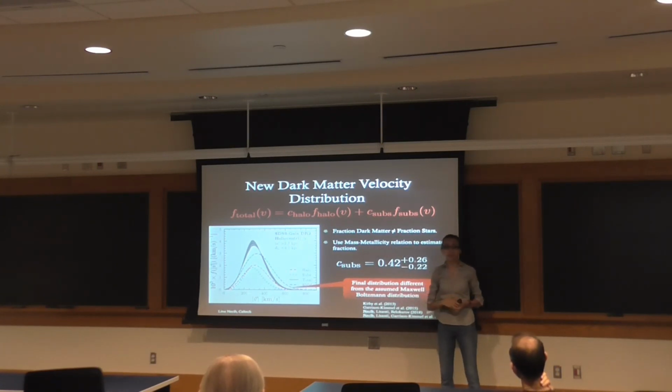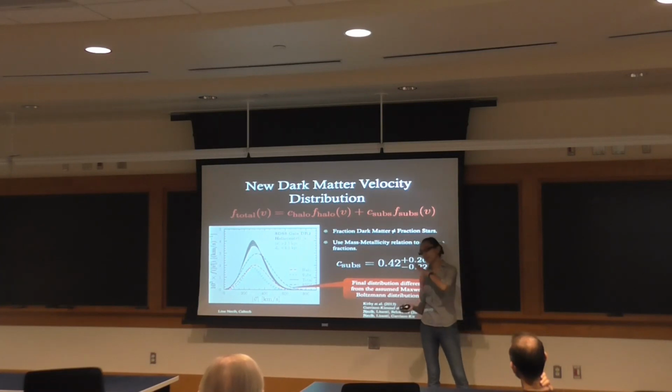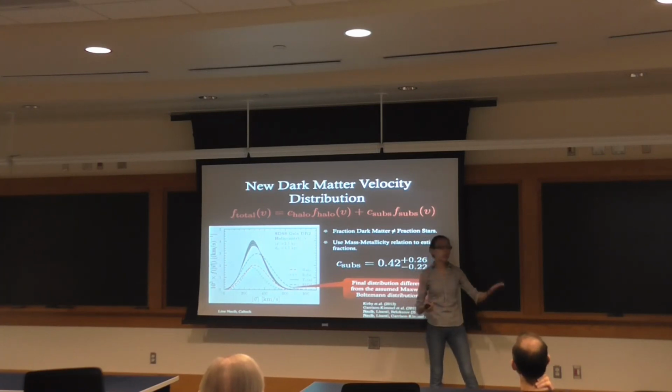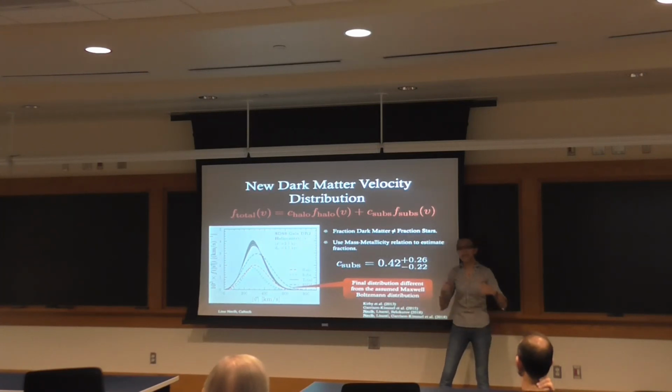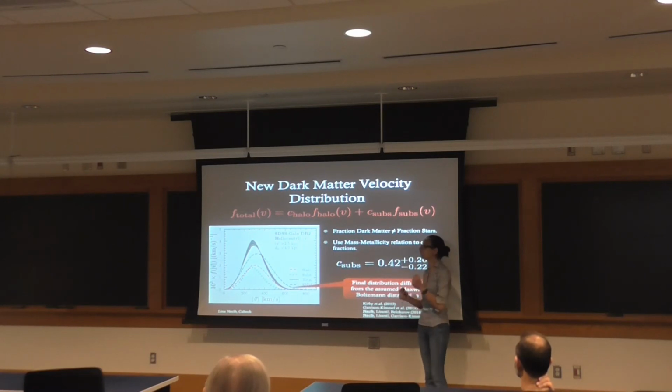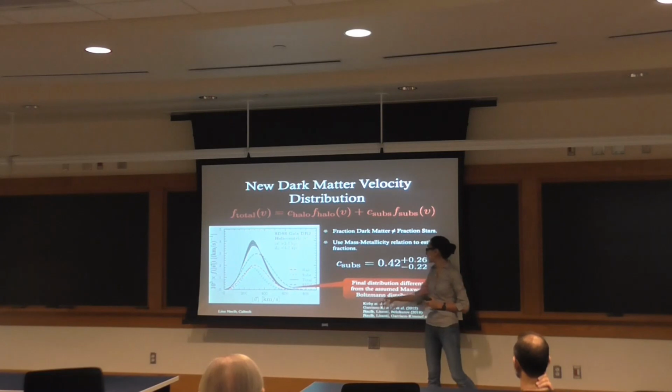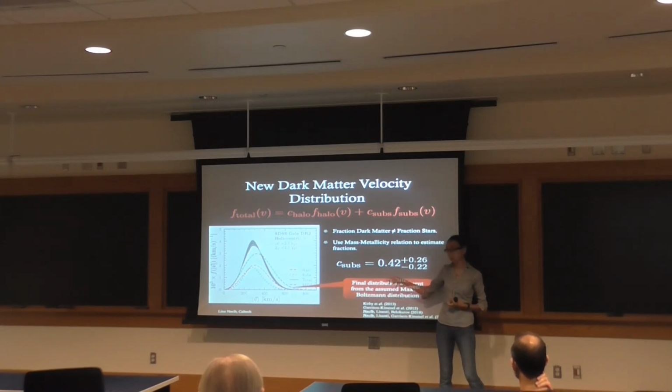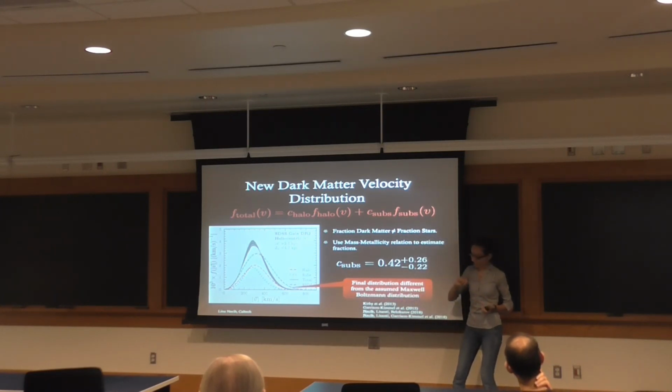Basically a relation that relates the metallicity of a particular object, because I know the average metallicity of the stars from the sausage, to the mass to light ratio. That way I can rescale the fractions from stars to dark matter. And I find that the substructure actually contributes about 42%, with pretty large error bars, as you can see.